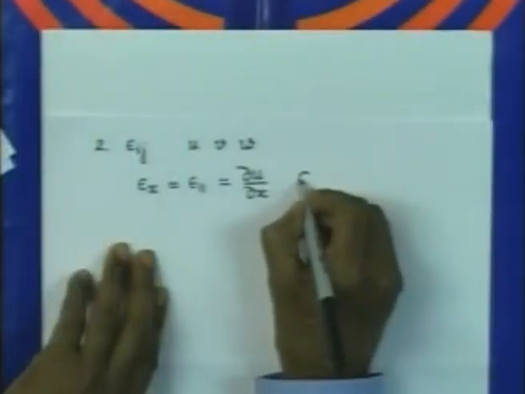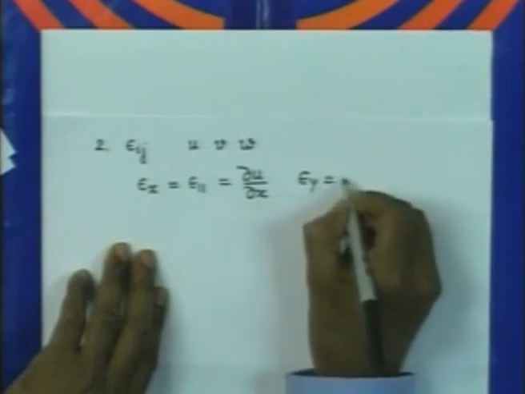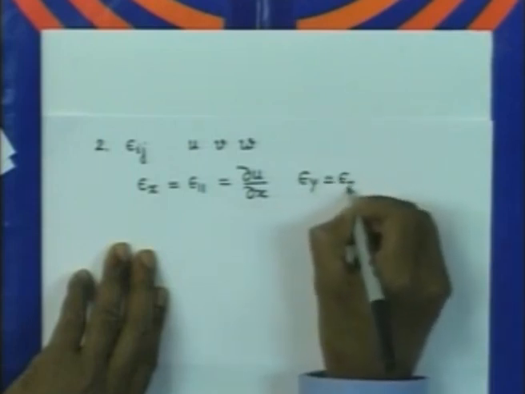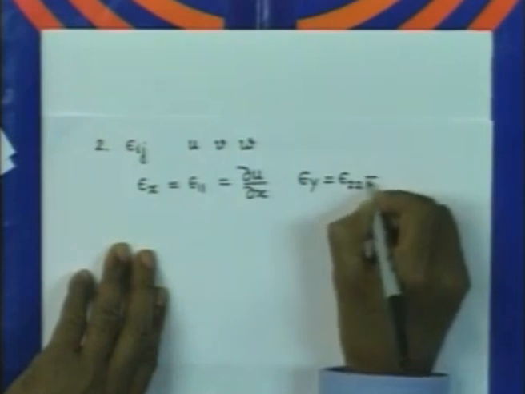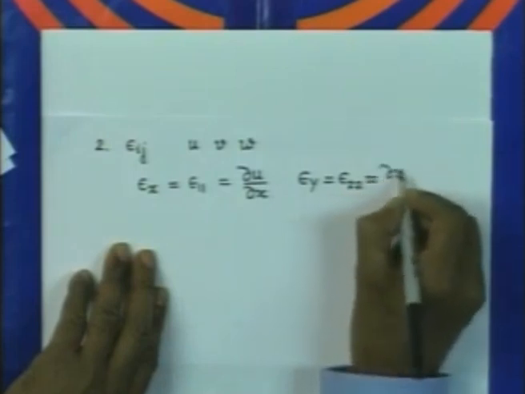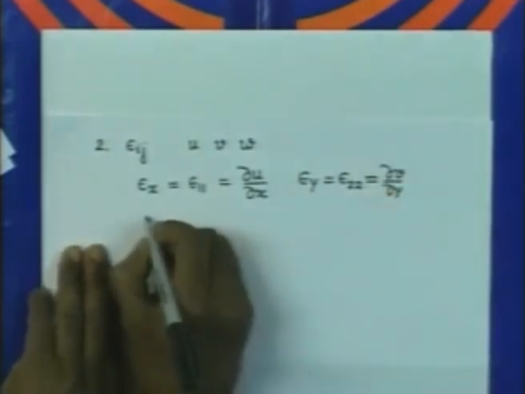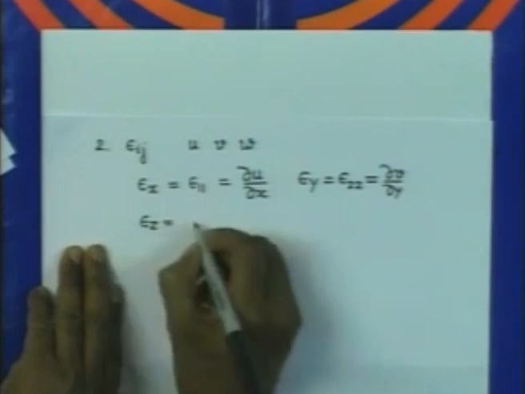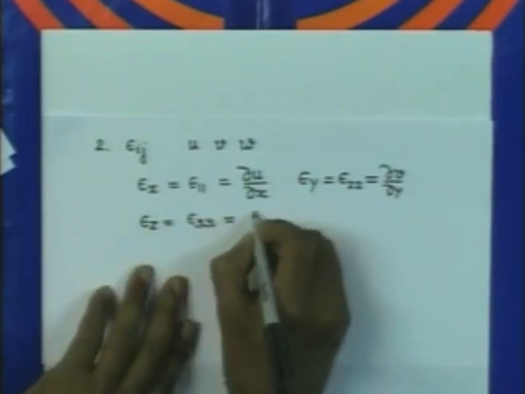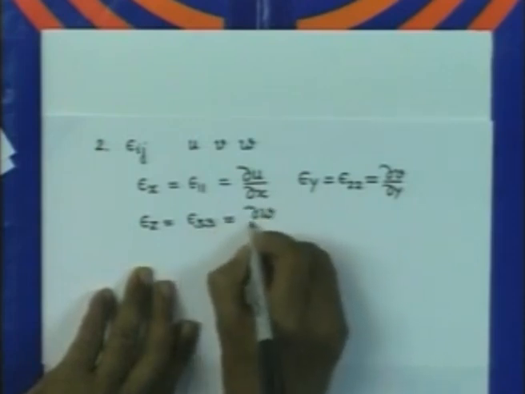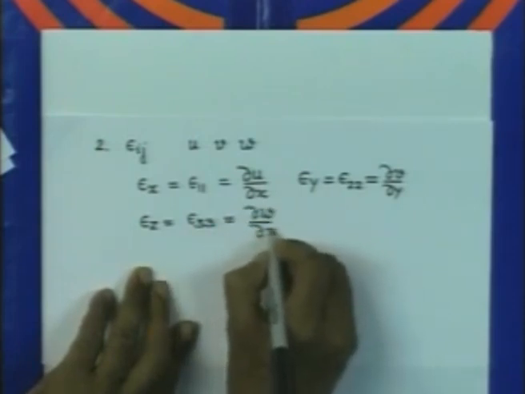It is given by the partial derivative delta u delta x. Similarly, epsilon y is nothing but epsilon 22. This is given by delta v delta y, and epsilon z, which is nothing but epsilon 33. This is given by the partial derivative of w with respect to z.